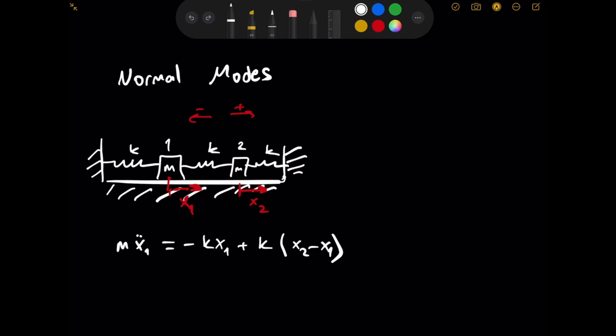You can say, well, what if x1 is greater than x2? In that case, the middle spring was compressed, so it's going to want to push the mass to the left, right? And so it would appear as a negative force according to our set of coordinates. And if you look at this expression, if x1 is greater than x2, then this quantity is negative and k is positive.